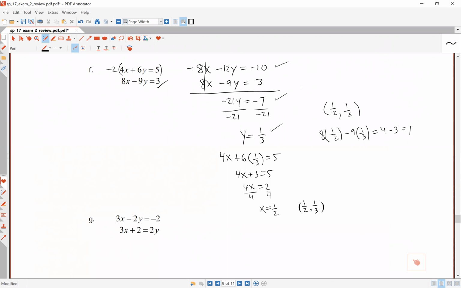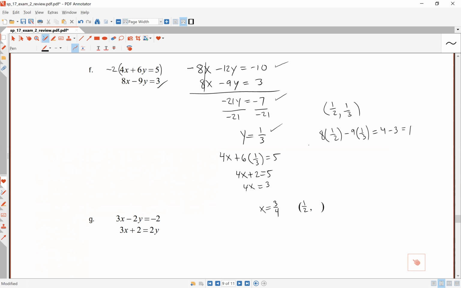That looks good. 4x plus 6 times 1/3, 6 times 1/3. That doesn't look good. So I subtract 2 from both sides, and 5 minus 2 is 3. That gives me 4x equals 3, or x equals 3/4.